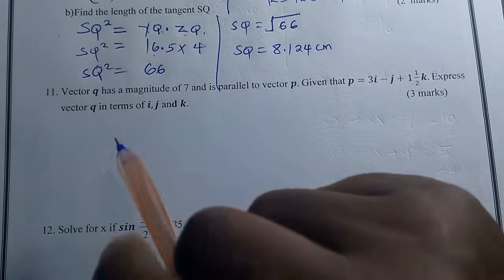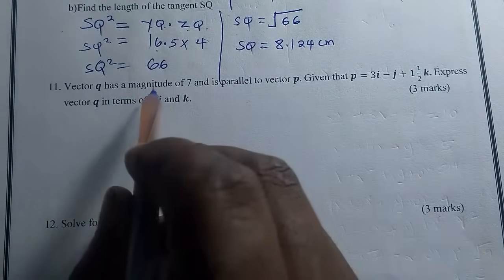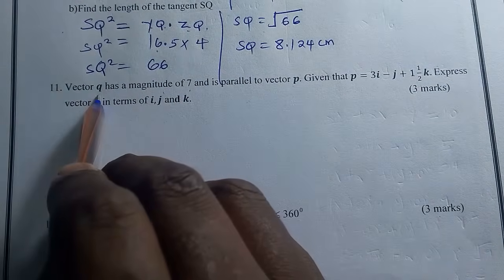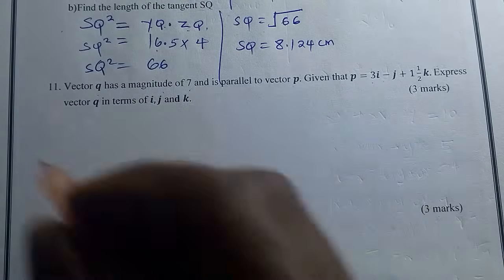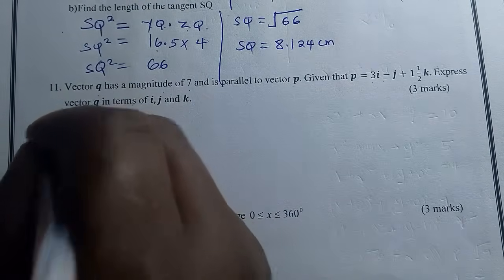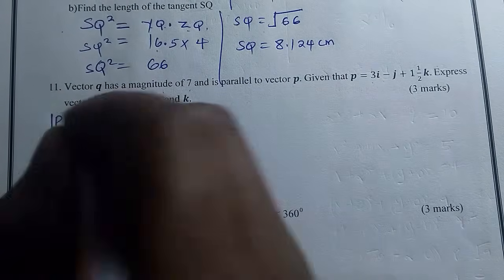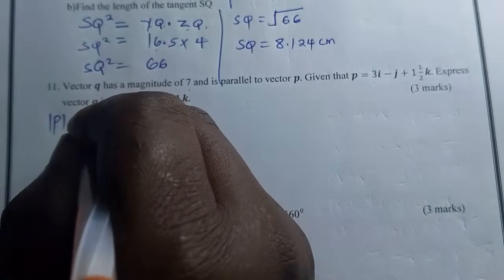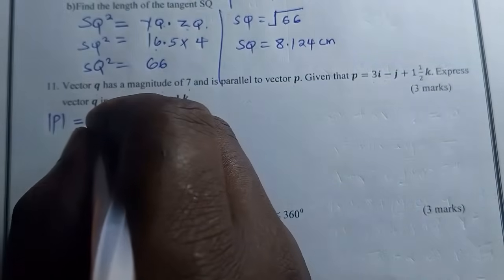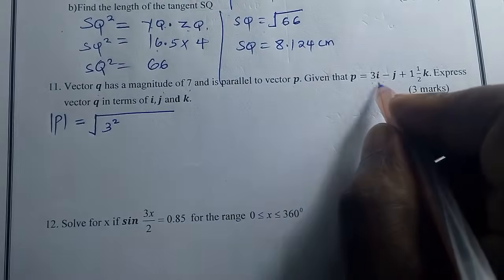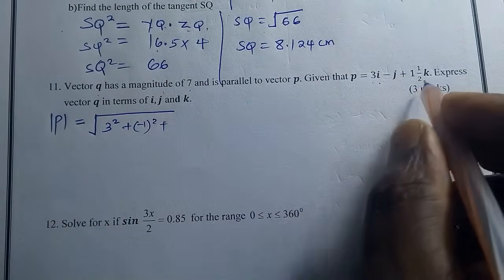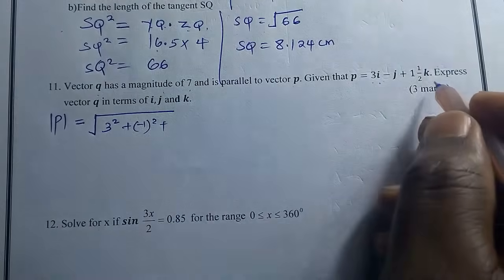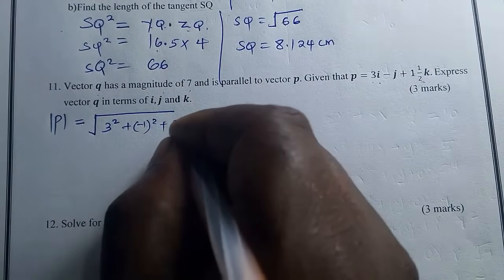So since we have the magnitude of Q and we have P, we can get the magnitude of P. The magnitude of P is going to be the square root of 3 squared plus negative 1 squared plus 3 over 2 squared.